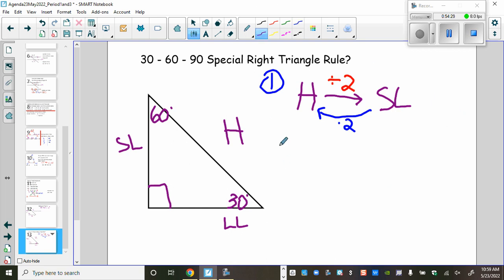Now, the second relationship, you're going to go from short leg to long leg.